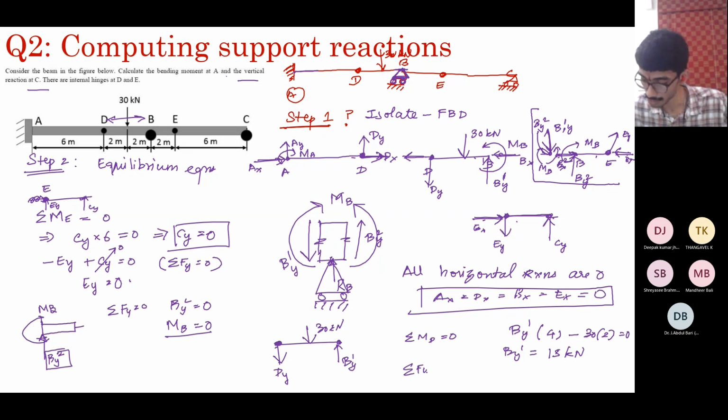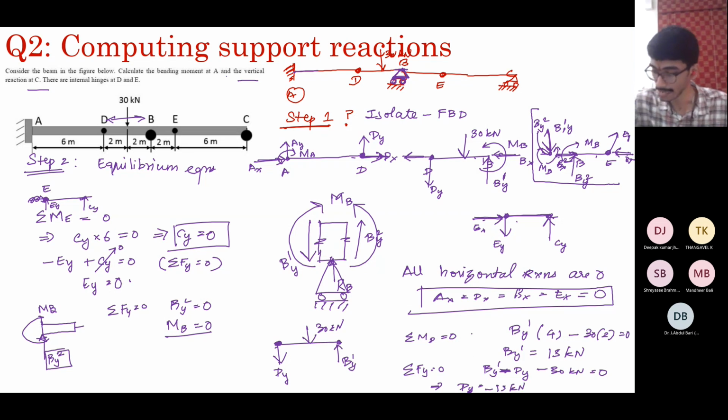Now enforce sigma Fy equal to 0, you get By1 minus Dy, it's in the other direction, minus 30 kilonewtons is equal to 0, which means Dy is 15 kilonewtons. So you'll get Dy as minus 15 kilonewtons.